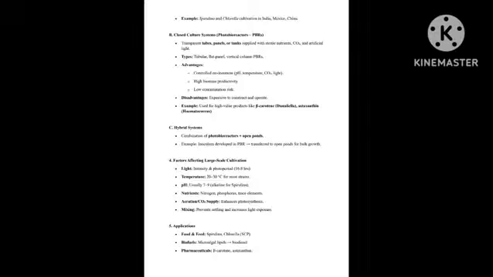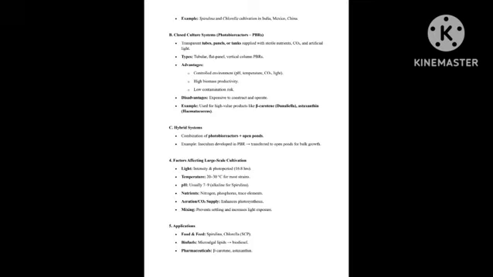Disadvantage: expensive to construct and operate. Examples: used for high value products like beta carotene from Dunaliella and Haematococcus.